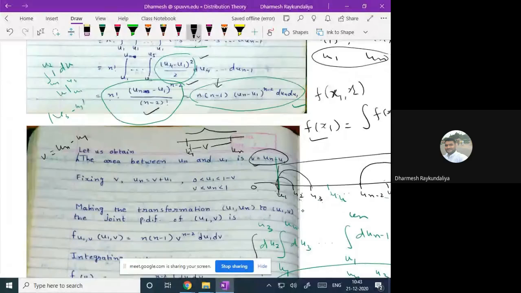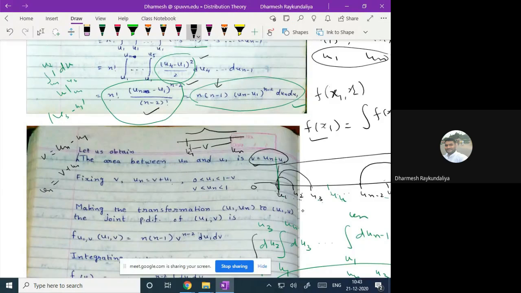Fixing v, un is equal to v plus u1. So I am writing that un equals v plus u1.